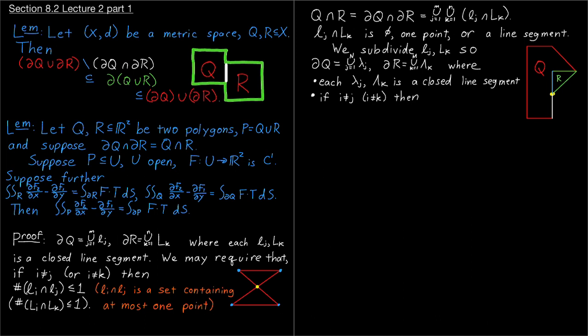Then any two line segments intersect at most 1 point.